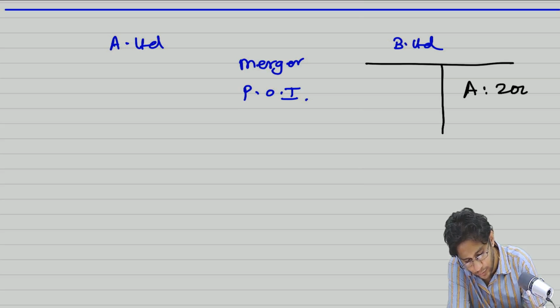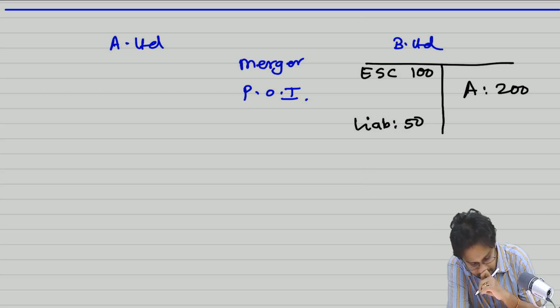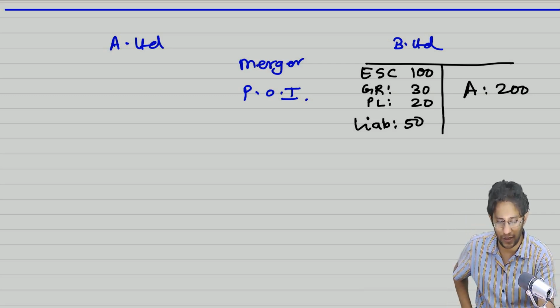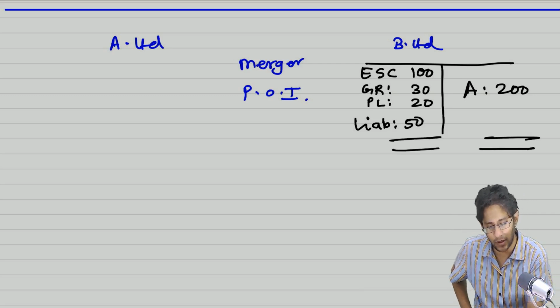They have assets of 200, liabilities of 50, equity share capital of 100, general reserve of 30, and P&L account surplus of 20. This is the balance sheet of B Limited.